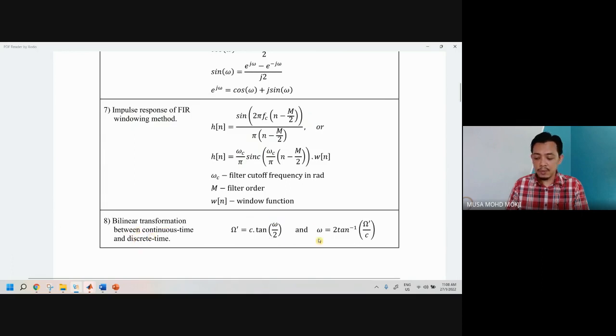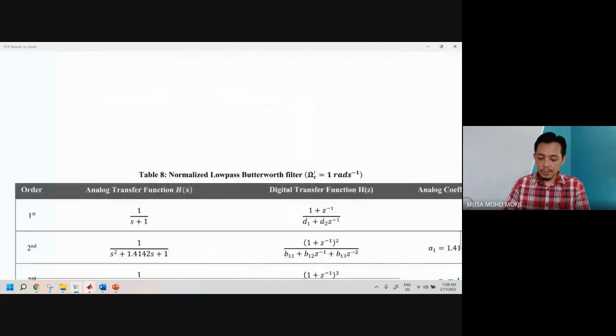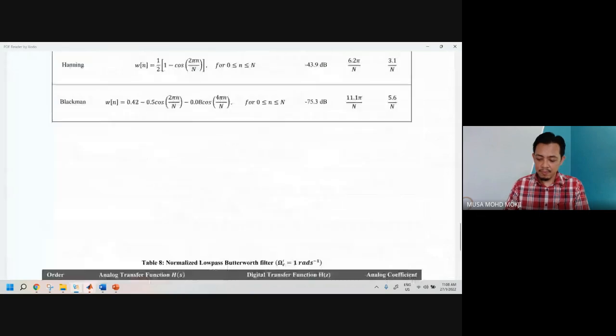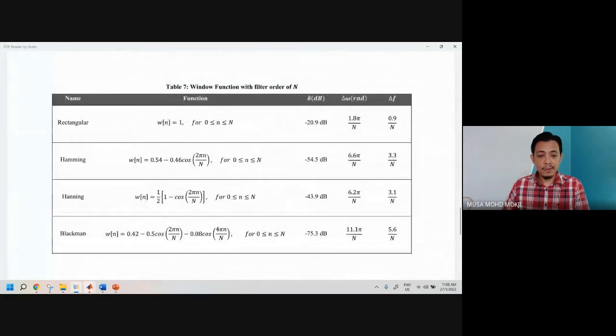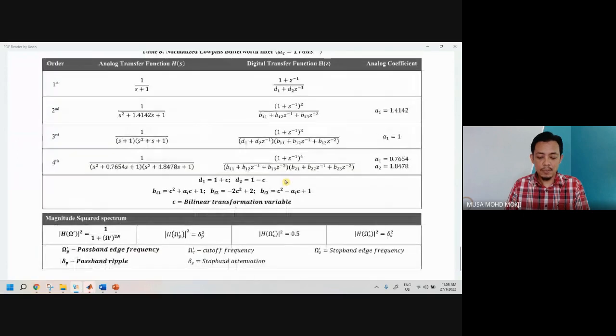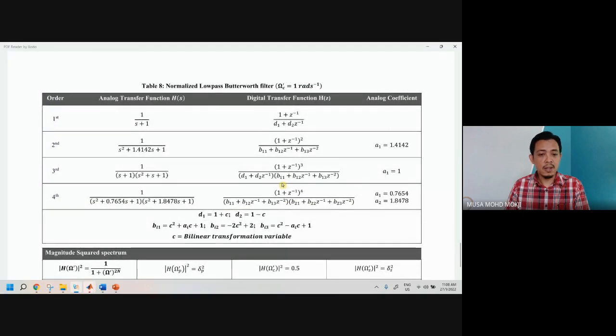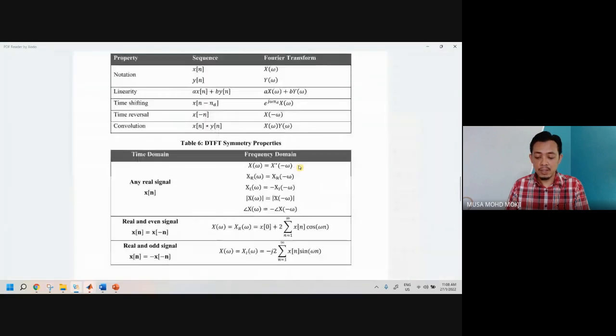So there is one formula here for IIR, and so we have a big table. This one, table 7 for FIR, and this is also one big table for IIR. So that's why you need to get familiarized with these tables.